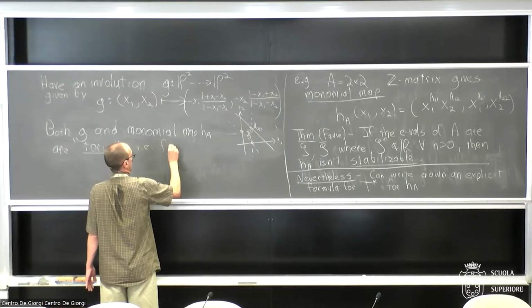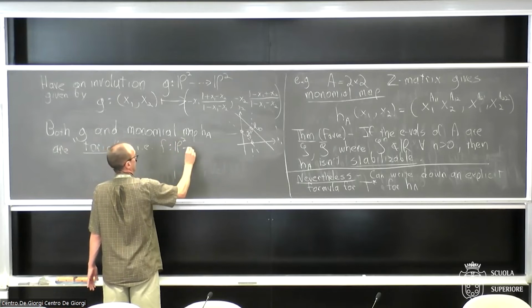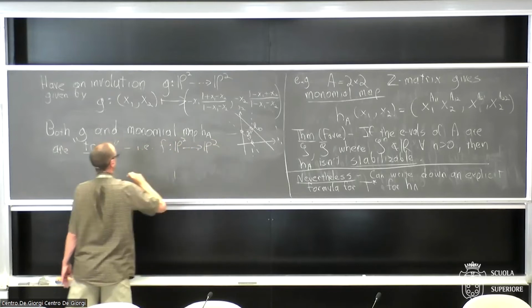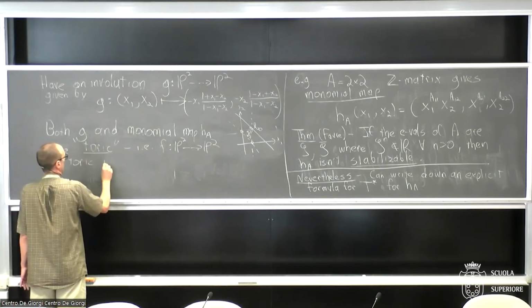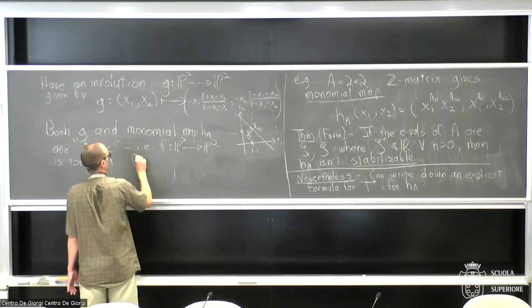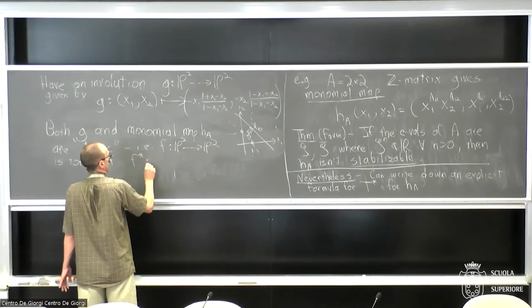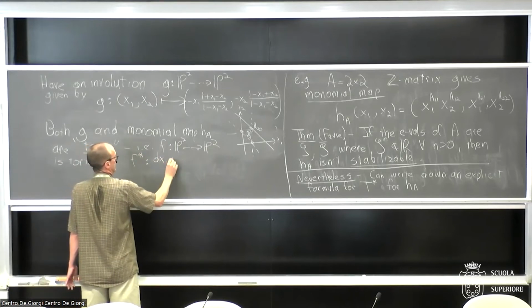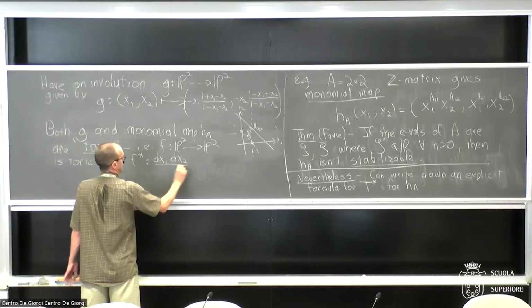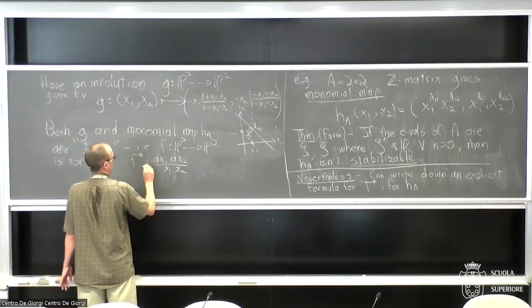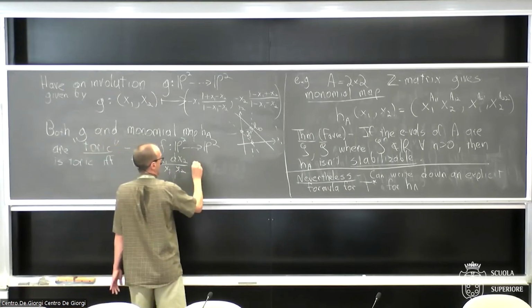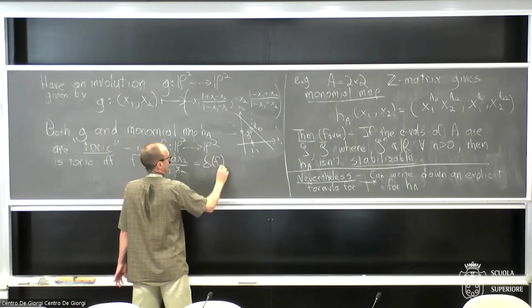F is toric, this is the definition, if you take a particular holomorphic 2 form on C star squared, and when you pull it back, you just get a multiple of itself.